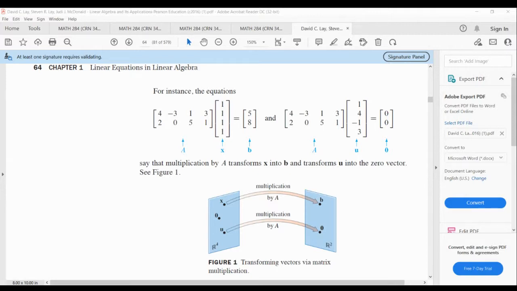Okay, you're transforming vectors via a matrix multiplication, and the matrix multiplication is a transformation. So that's how you have to think about this.